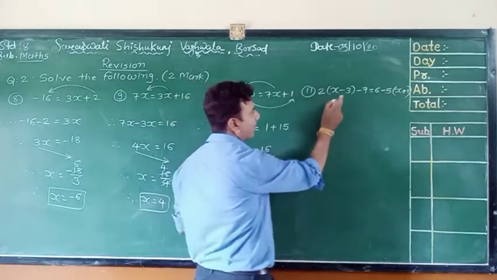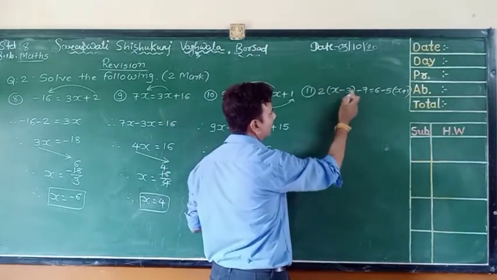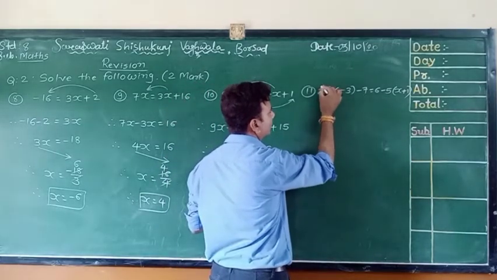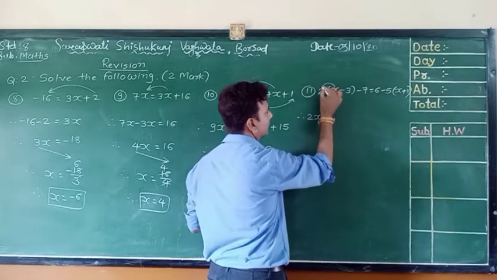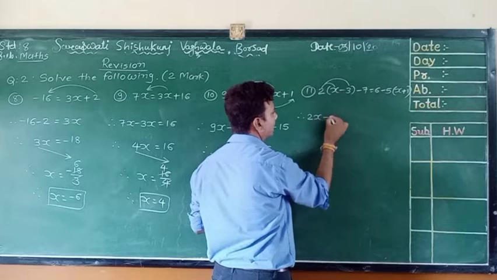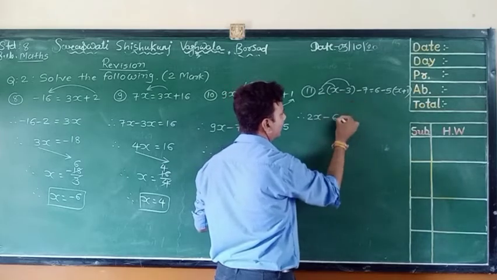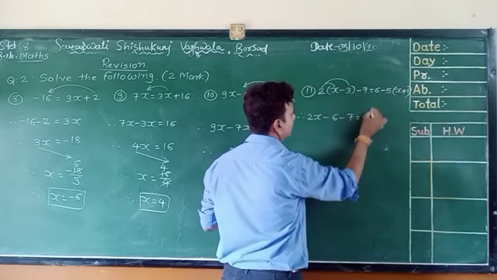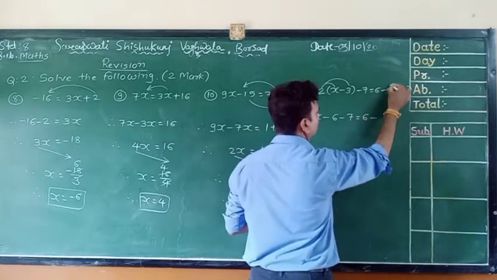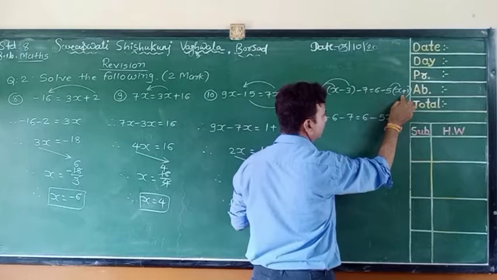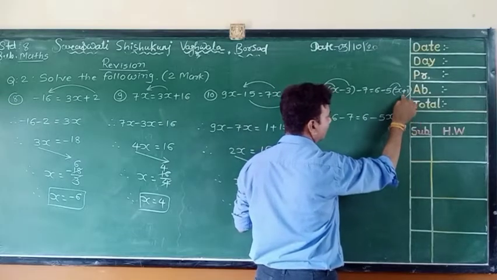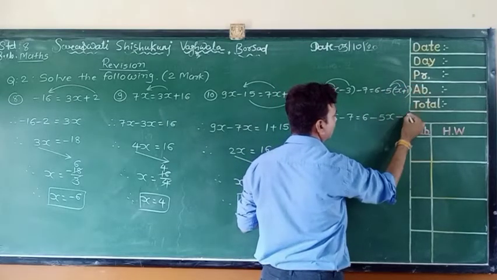Now here, first we will simplify this small bracket. So 2 is multiplied with x, so 2x. Now minus 3 is 6 minus 7. 6 minus this 5x, minus sign, so inside the bracket the sign we have to change, it will become minus 5.